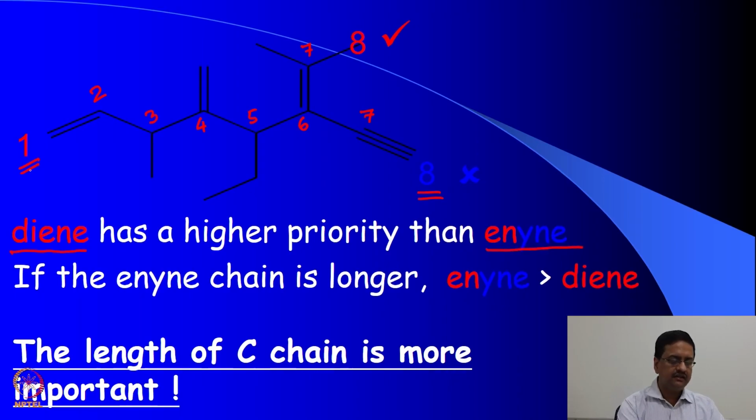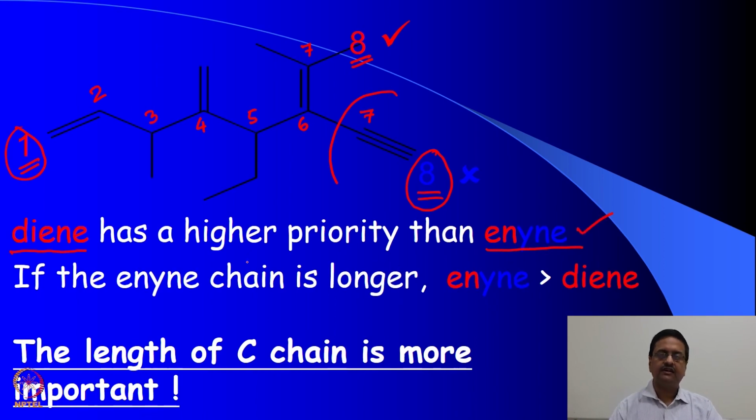So, if we write the numbering from 1 to 8 on the inside, then it is named as diene, and that 'yne' is a substituent. If we write it from this 1 to that 8, then it becomes enyne, and that gets a side chain. And the rule says diene has a higher priority over enyne. So, we should number it in the way shown above.